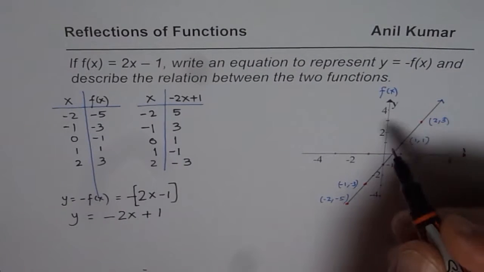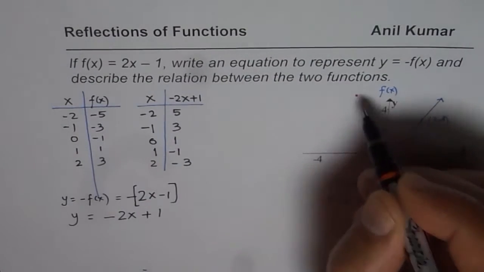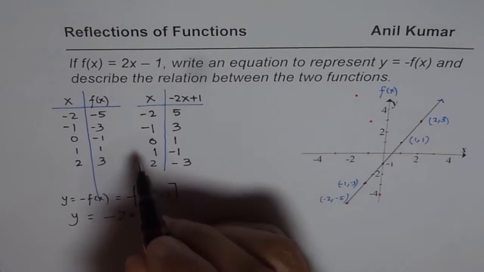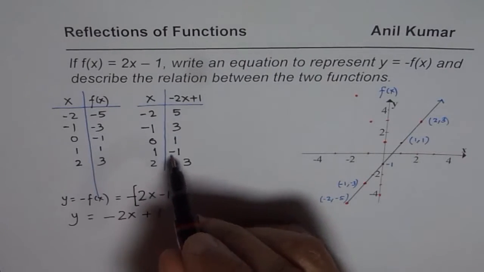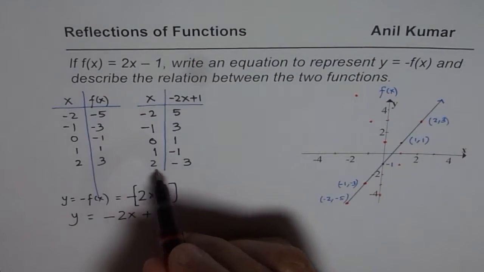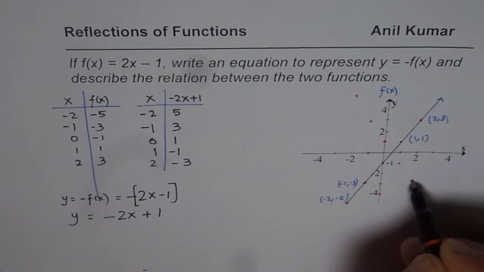So minus 2, 5, so that is minus 2, the scale is up to 4. Let us say this is 5 for us. Minus 1, 3 is this point. 0 and 1, so that is that point. 1 and minus 1 is right there. And 2 and minus 3 will be here, correct?